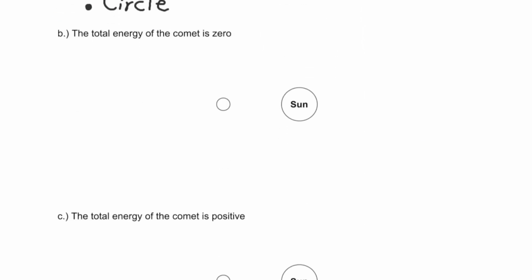Now, the total energy of the comet is 0. So we said this is the escape condition. This is where you escape and have 0 kinetic energy at infinity. And at this cutoff point, we get our first other conic section, a parabola.